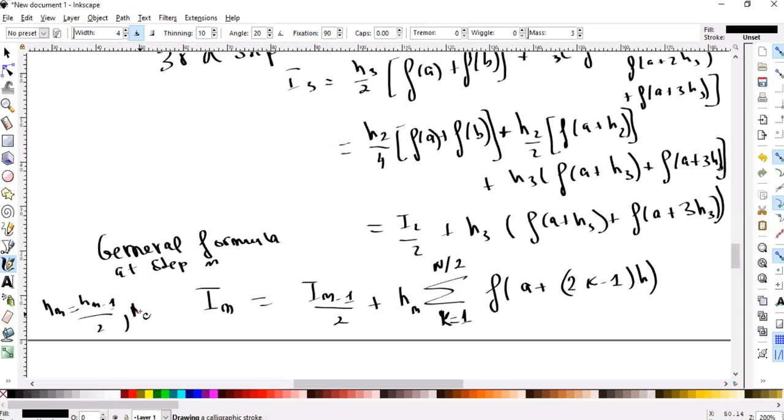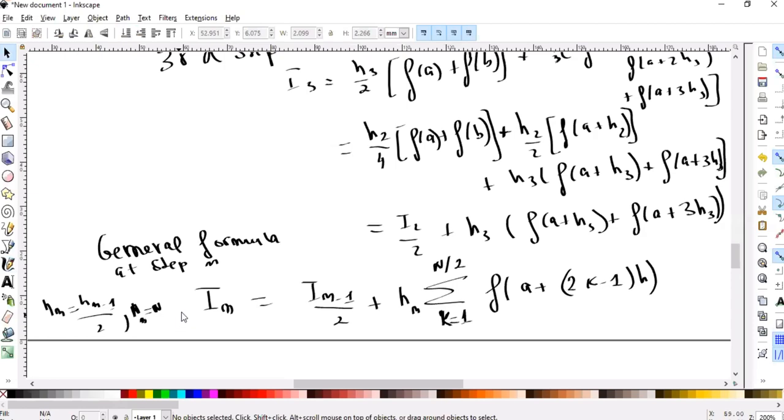And the number of points here, n, I can add n, but I don't want to complicate the formula. So the number of points gets doubled each time.